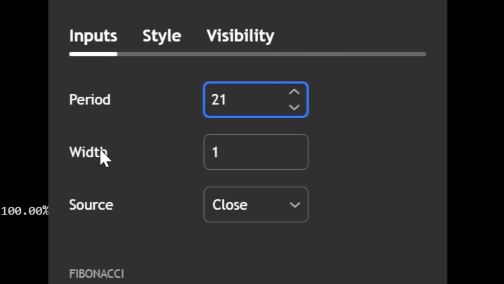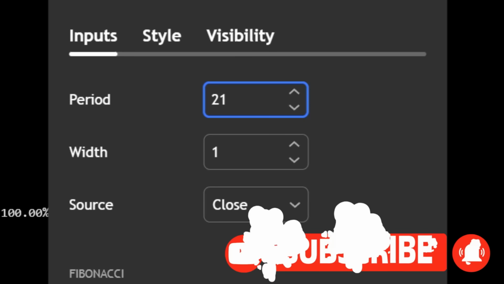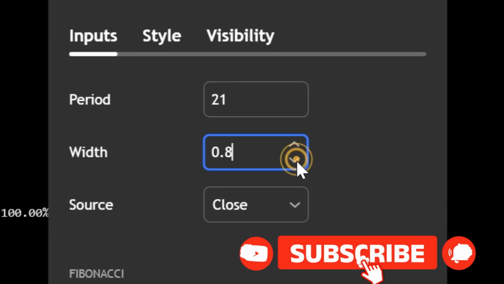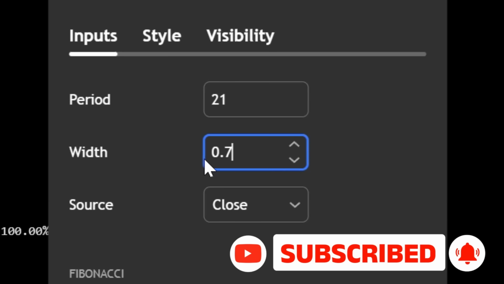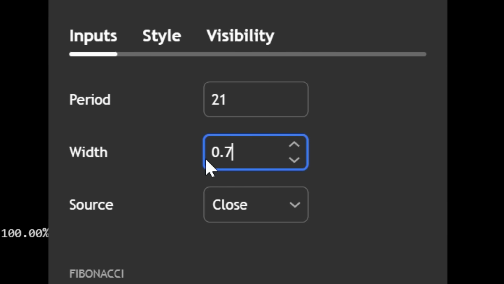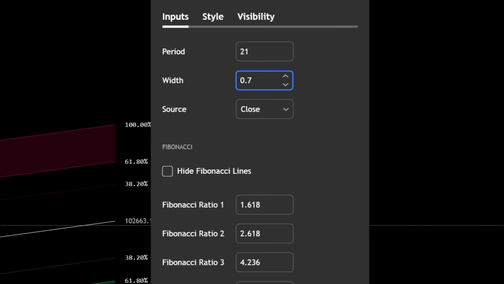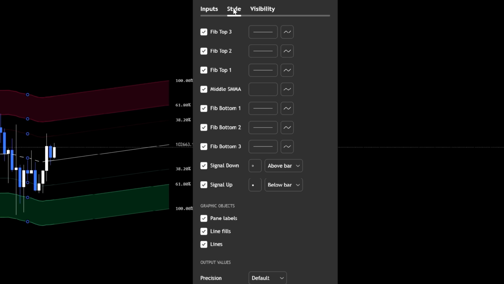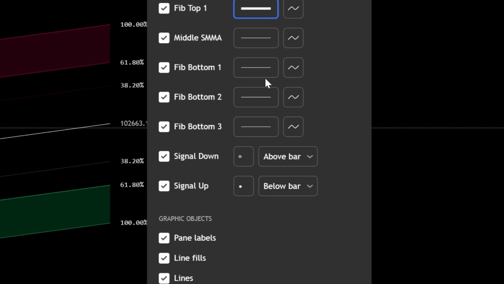Then set the width to 0.7. And just for better visibility, go to the Style tab and make the lines a bit thicker. These small tweaks make a huge difference in how accurate this TradingView indicator strategy becomes.